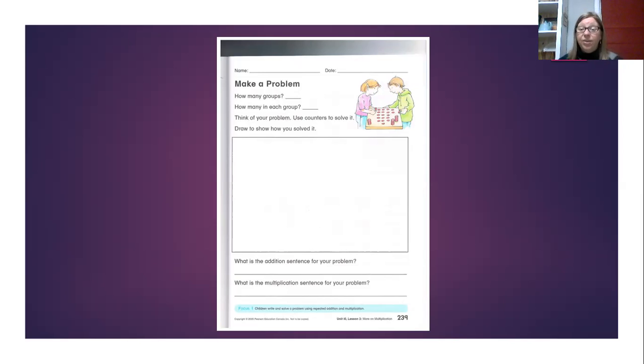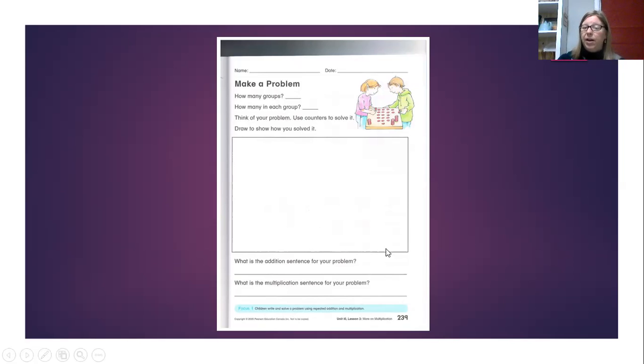Okay, and then you need to write how many groups you have in all. So the first blank is saying how many groups, and then the next blank says how many in each group. Think of your problem. Use counters to solve it. Now, draw to show how you solved it.